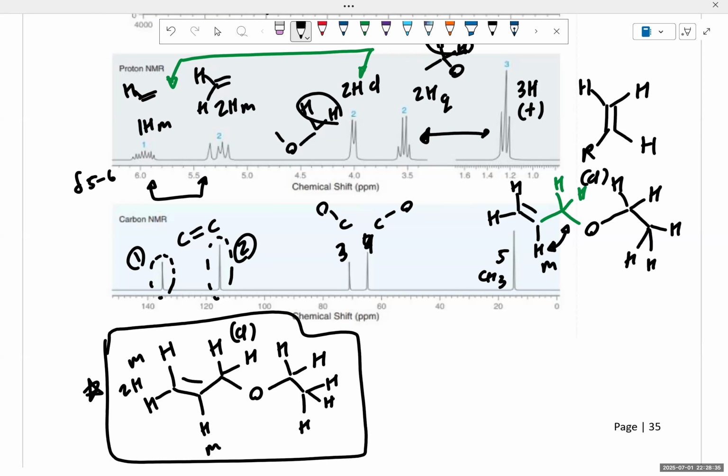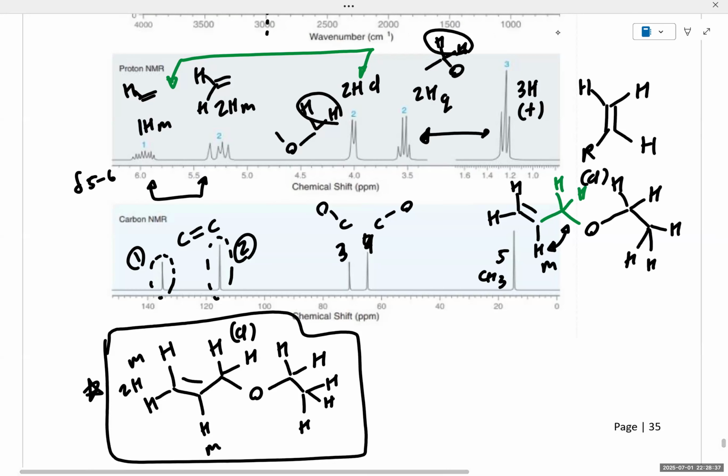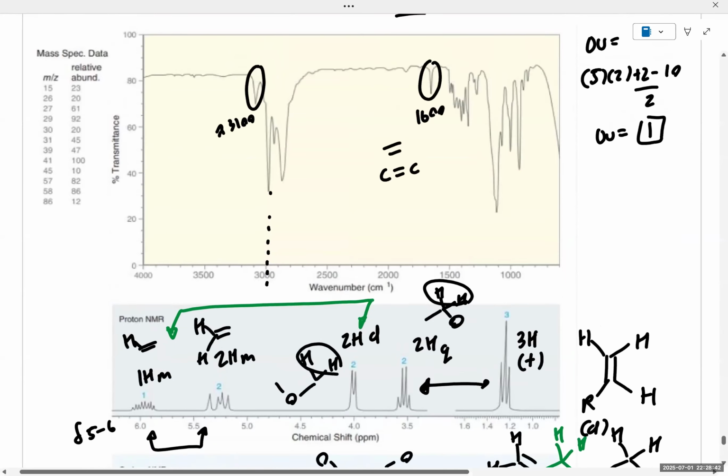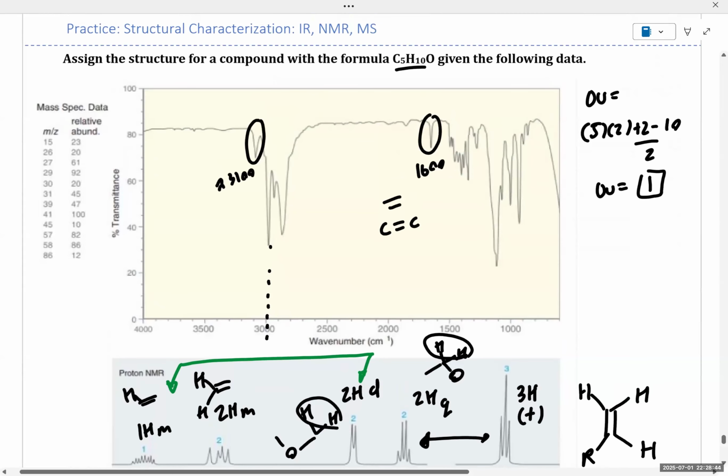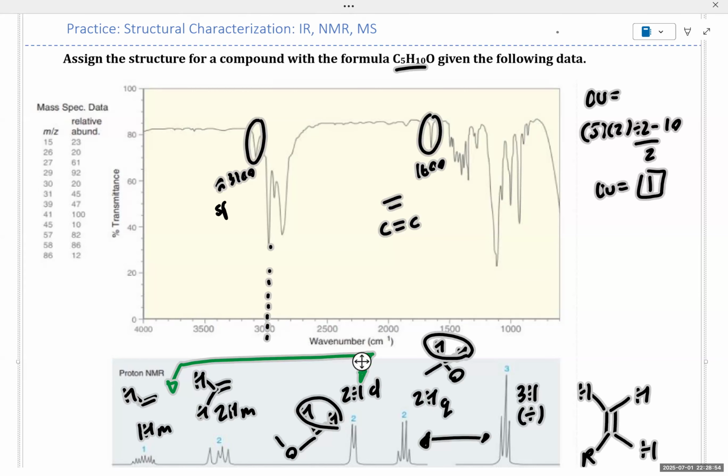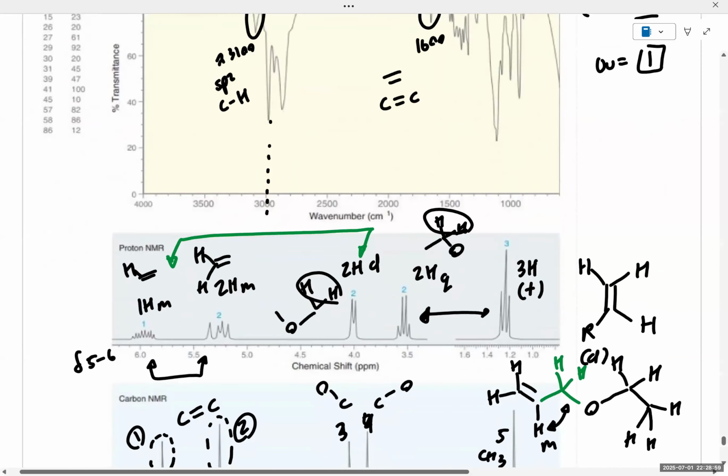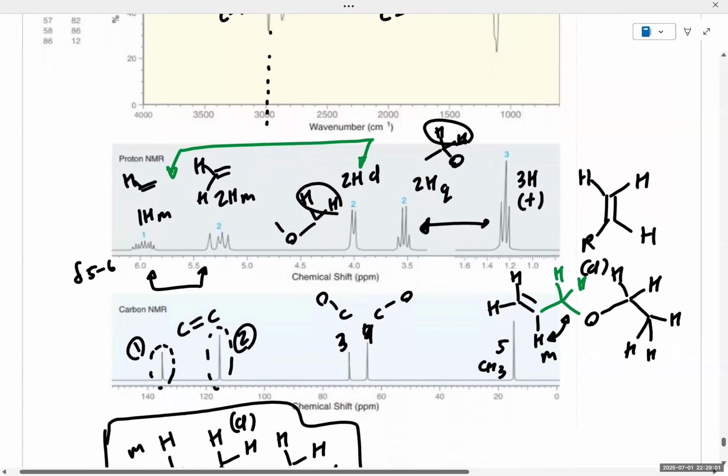So as you can see, we used our degree of unsaturation to give us a ballpark of what functional groups we had. We in turn used the IR spectra to flag any major functional groups. In this case, an alkene is present and there's an sp2 C-H bond. From here, we checked the integration and multiplicity in our proton NMR, and we noticed that because we have protons that have related splitting patterns, those protons must be adjacent.